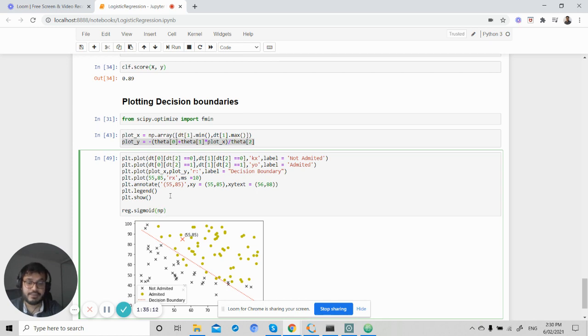We will need to do np.dot of 55 comma 85 with respect to theta. We have our theta value.